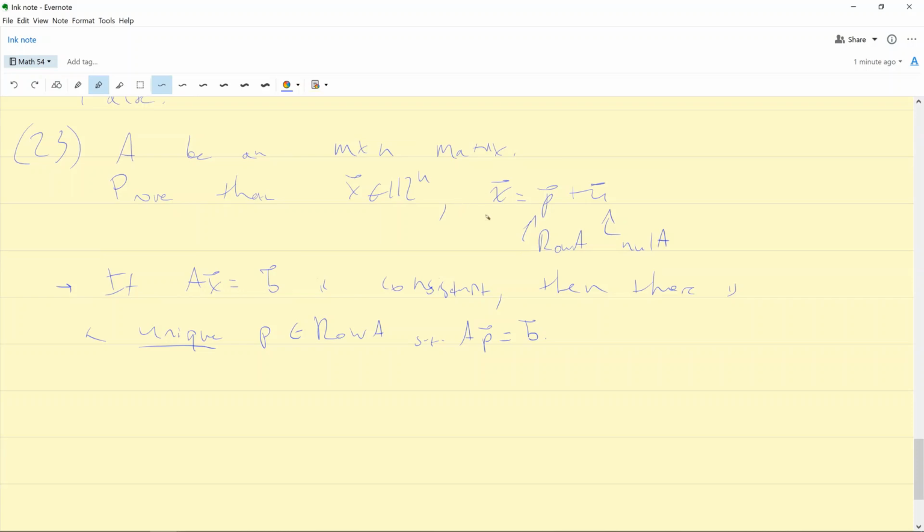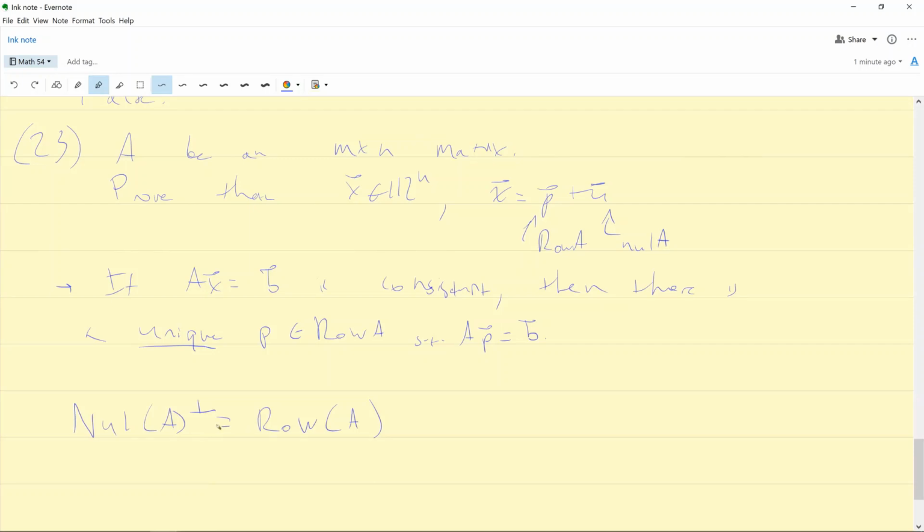So for the first part, the fact we're going to use is the one from lecture before spring break, which now feels like forever ago. These two spaces, Null A and Row A, are going to be the orthogonal complements of each other, right? So this fact that we can decompose these vectors is given by this theorem.